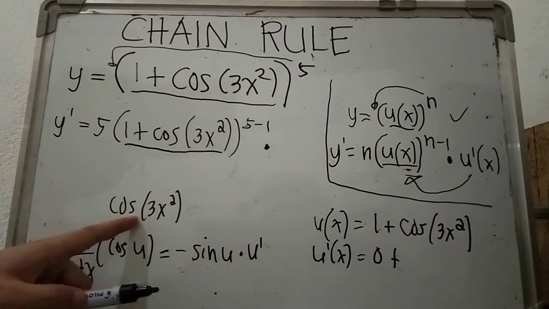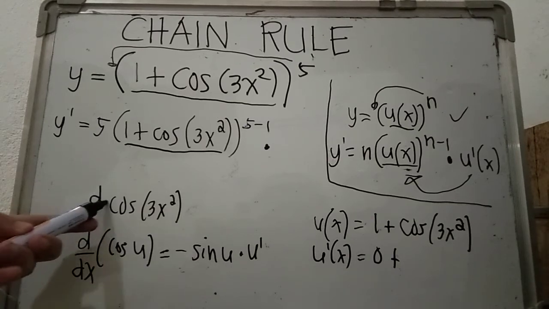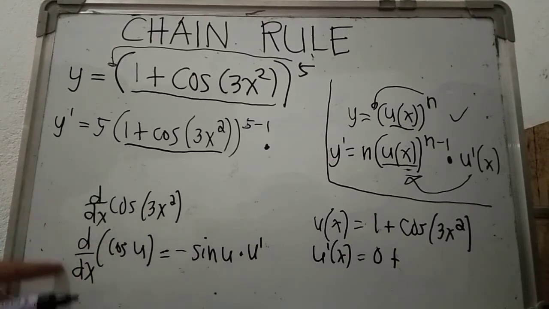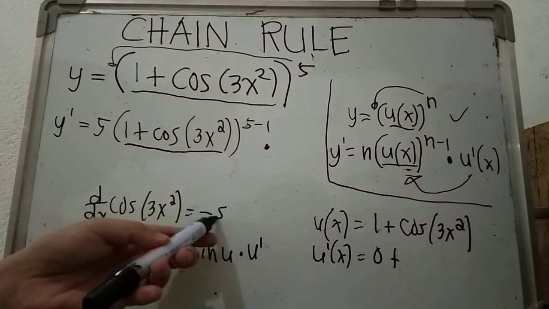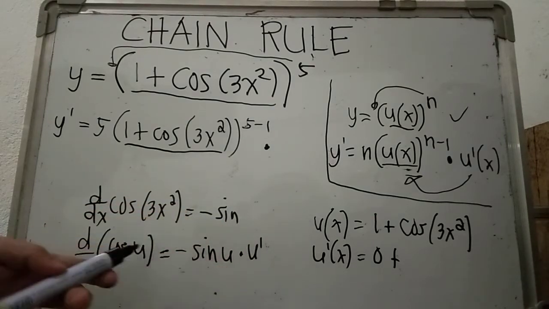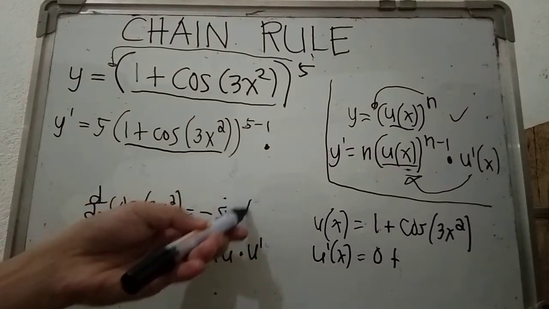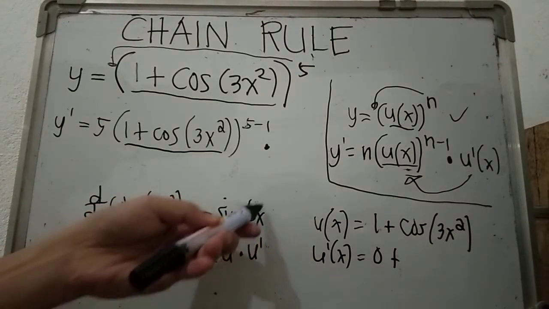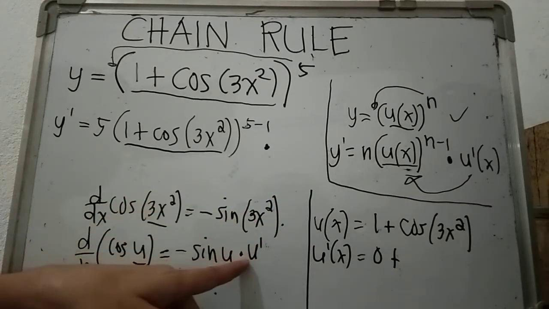Meaning, in finding this derivative, all we have to do is copy the same formula. So we have negative, and then copy your sine, because that is coming from here. But what is your u? Take note, your u is the one inside the cosine. So we have here 3x squared, copy. Times, what is the derivative of the u, or shall I say u prime?